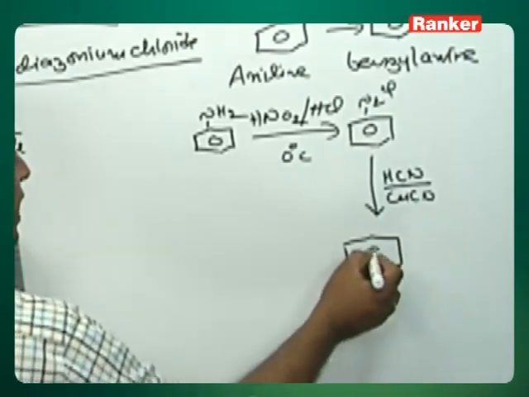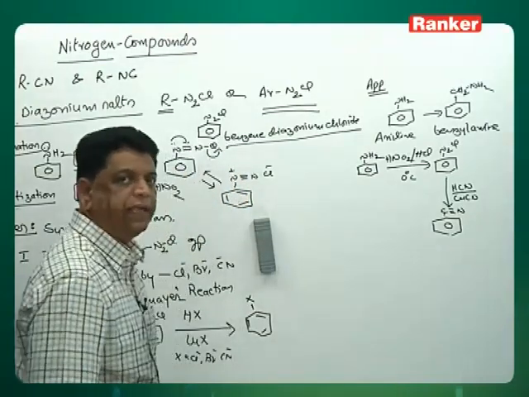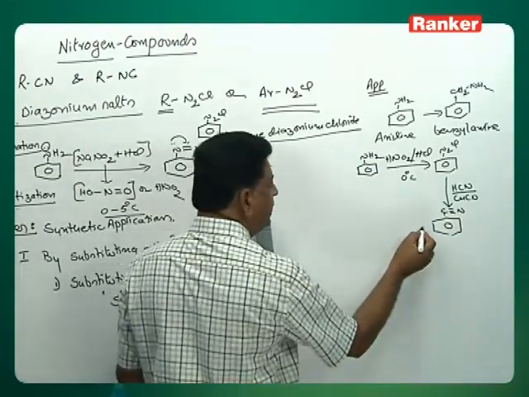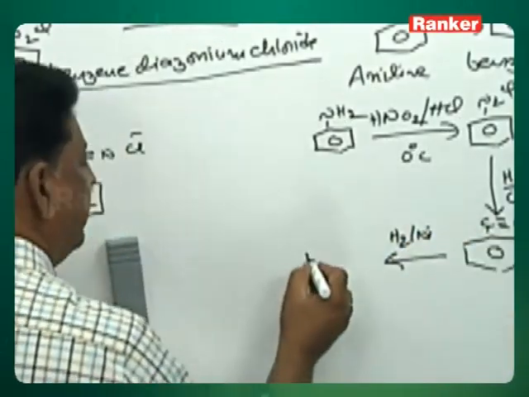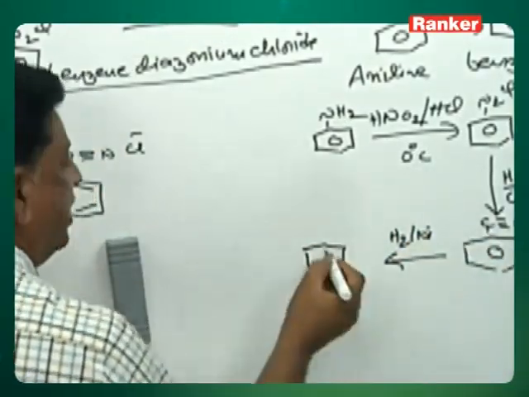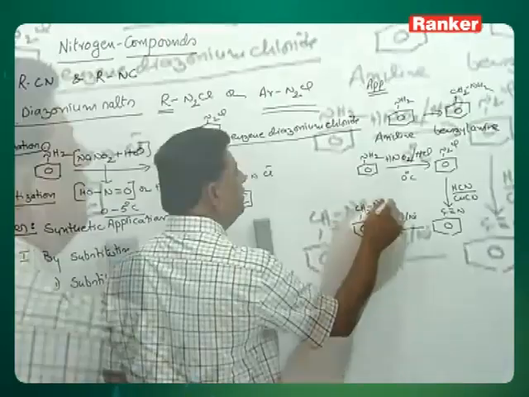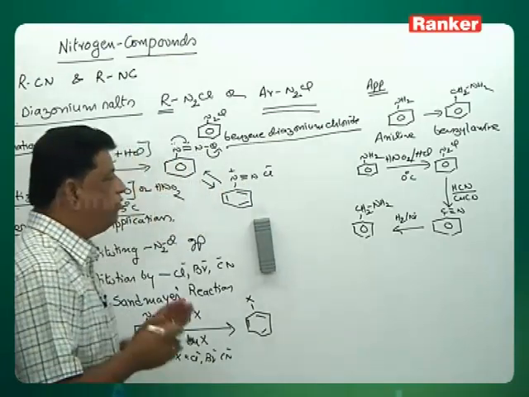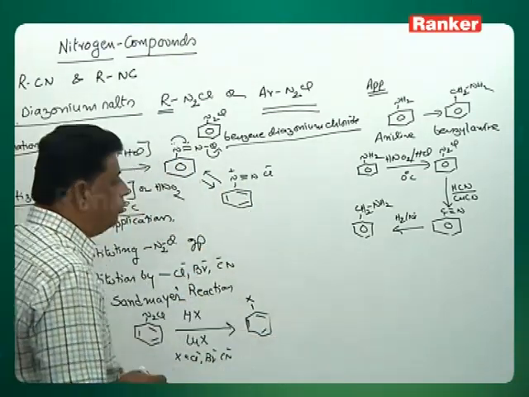You will get the cyanide-containing benzene, benzonitrile or cyanobenzene. To this cyanobenzene, you add hydrogen and nickel for reduction. As we have seen, cyanides give CH2, and N becomes NH2. This is your target, phenylmethylamine.